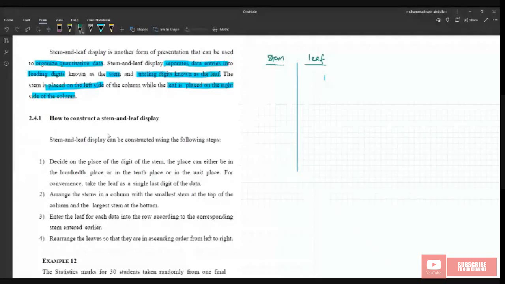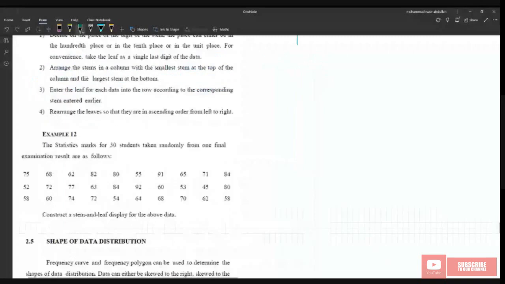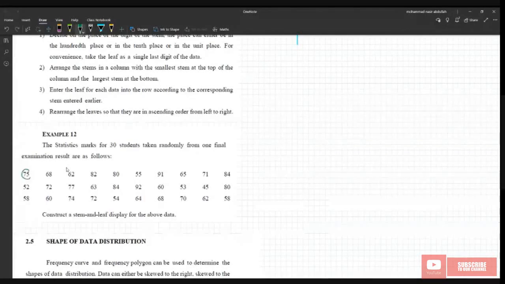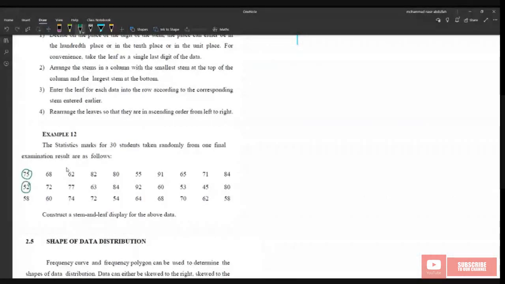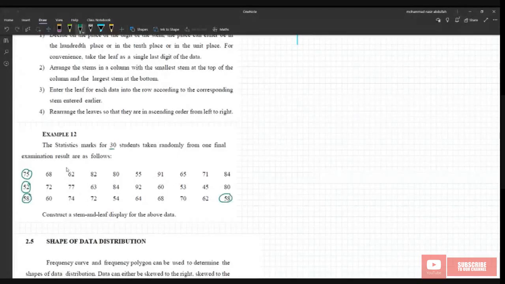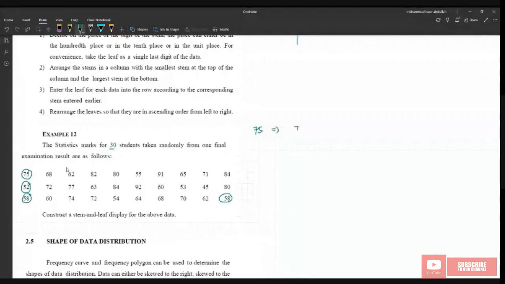So it says here, stem and leaf separates data entry into leading digit known as stem. Leading digit means, let's say for example, you have example number 12, right? So we have 80, 75, 52, 58 until 58. We have 30 observations. So let's say 75 represents 7 stroke 5.